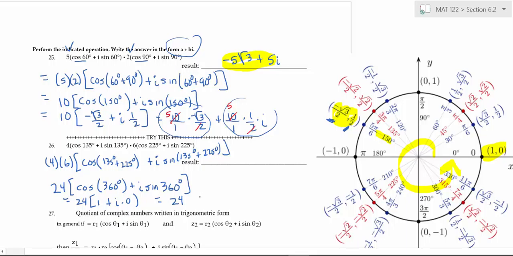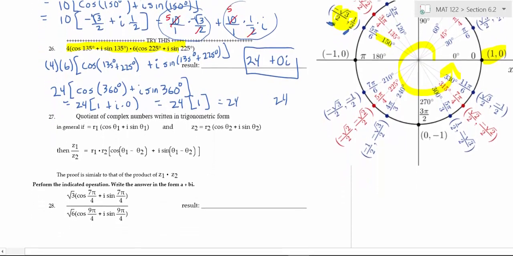So that's 24 times 1, really, so that would be 24. You could write the answer as 24 plus 0i. I did say write it in a plus bi form, so you do need to write the answer like that. Actually, the number 24 can also be written this way. Who would have thought? It's kind of a complicated way to write 24, but it's right.